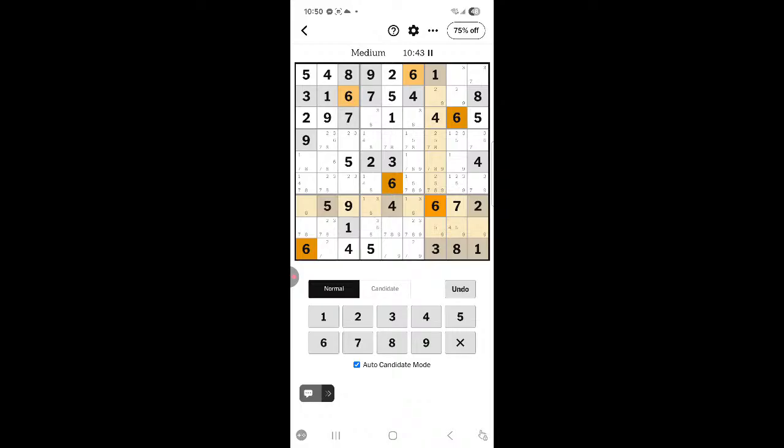Cool. This is the medium. Then we have 8. Collapsing the 7, 2, 3. Let's scooch over to the 9, 5, 4, 8, 2, 6.